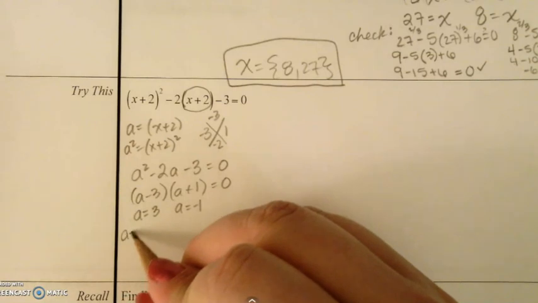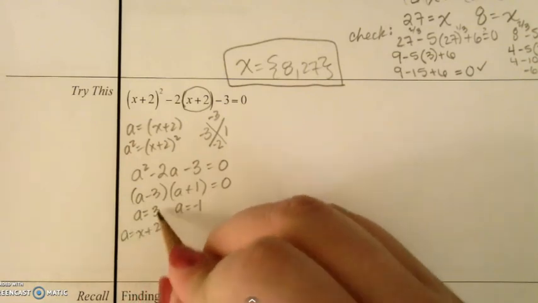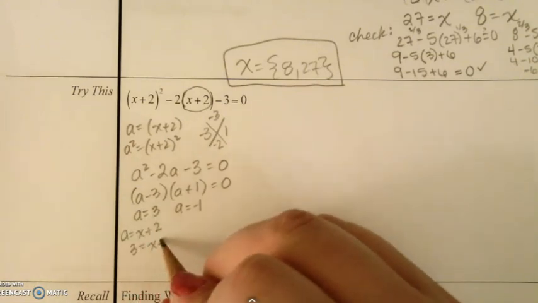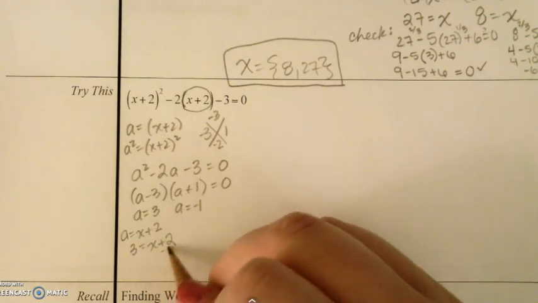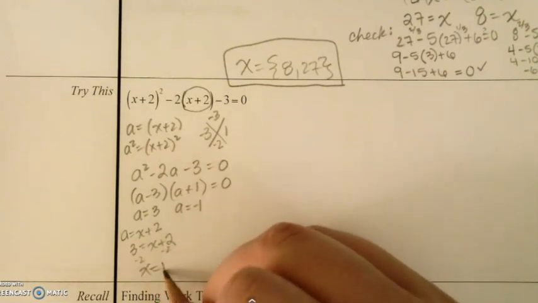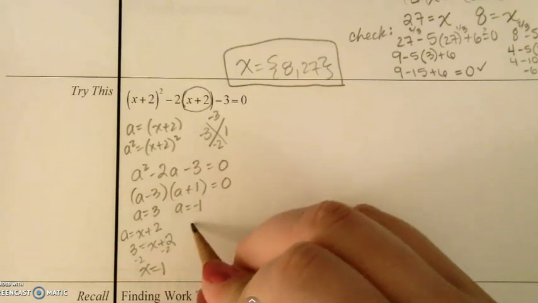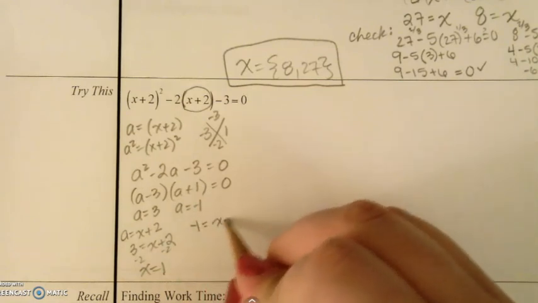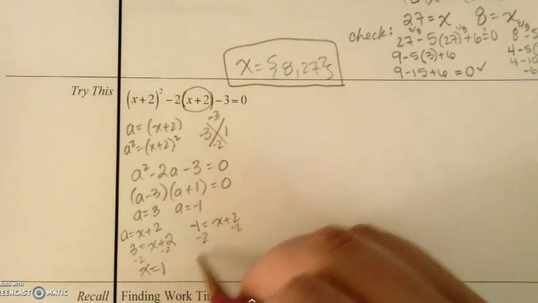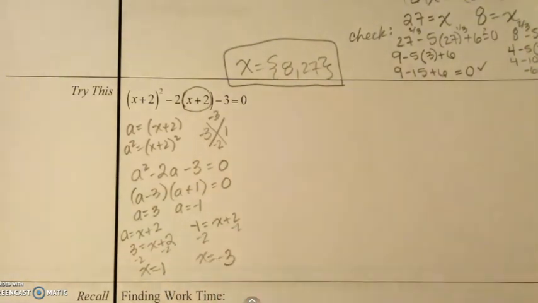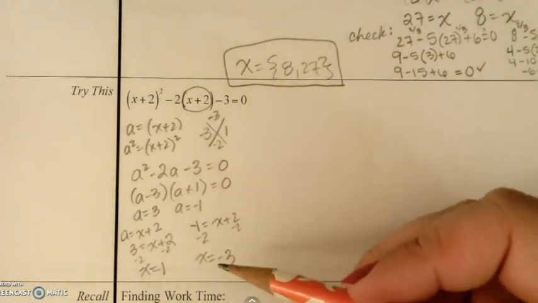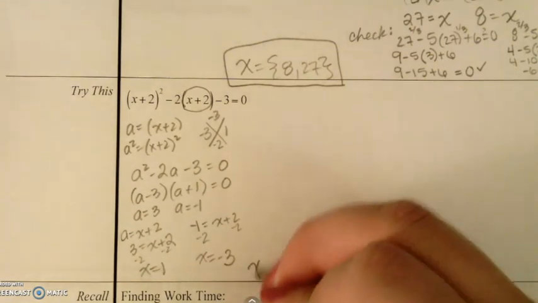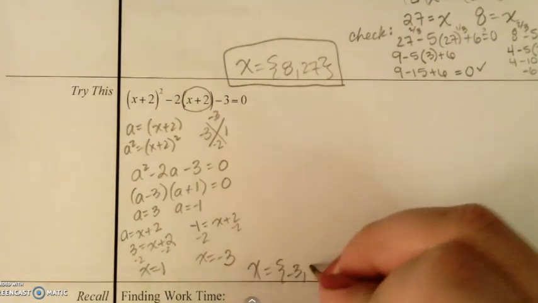Since a equals x plus 2, we say 3 equals x plus 2, minus 2, x equals 1, or negative 1 equals x plus 2, minus 2, x equals negative 3. I did not use any denominators and I did not use any power rule, so x equals negative 3 or 1.